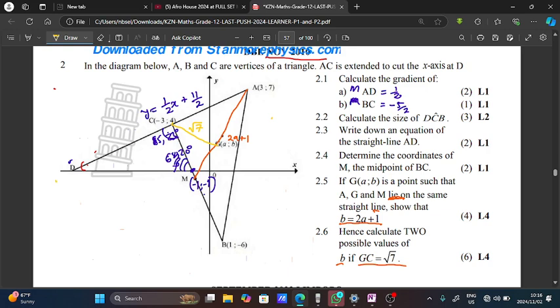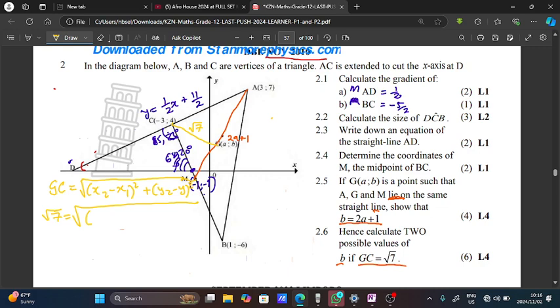All right, the distance of GC equals, we know it will be the square root of x2 minus x1 all squared plus y2 minus y1 all squared. Now let's plug in. What is the GC? Square root of 7 equals the square root of, now which one do you choose to be x2?